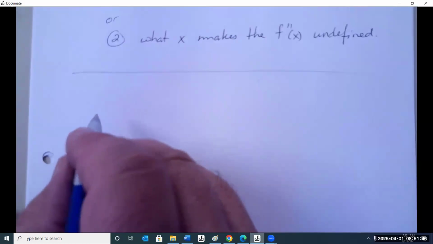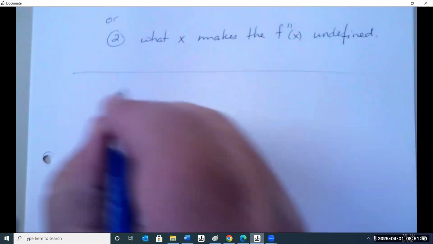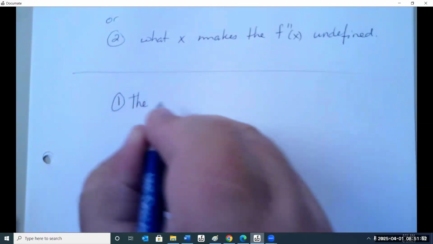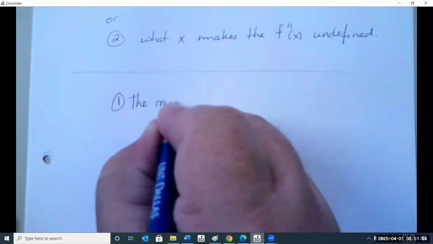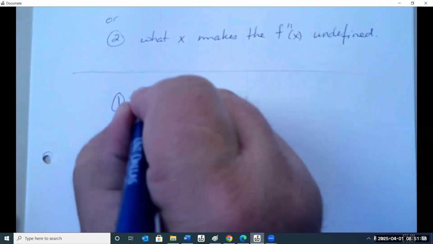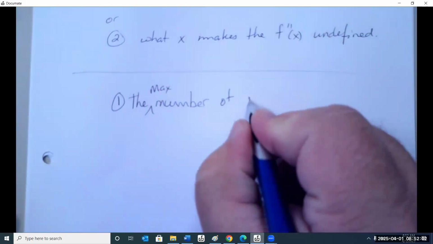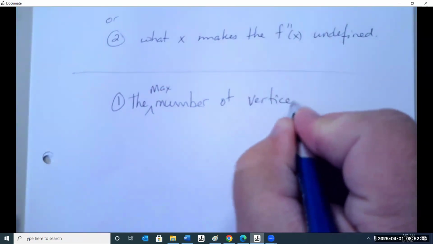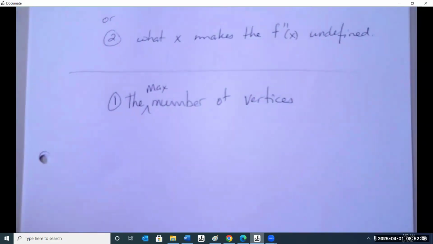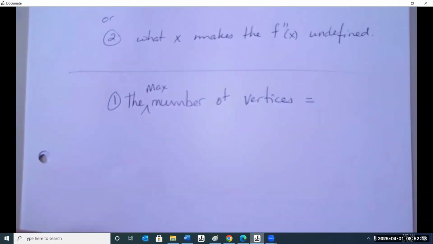If you look at it this way, 1. I said the maximum number of vertices is equal to what?